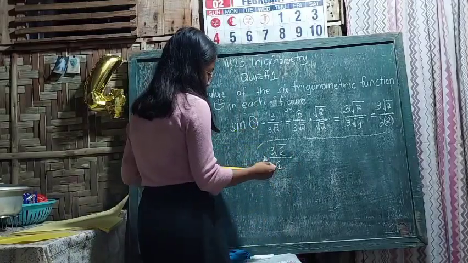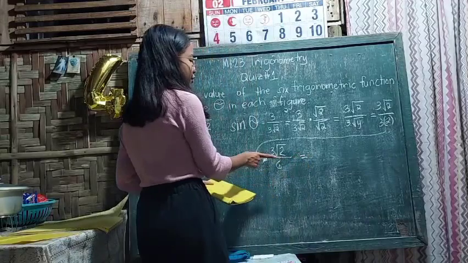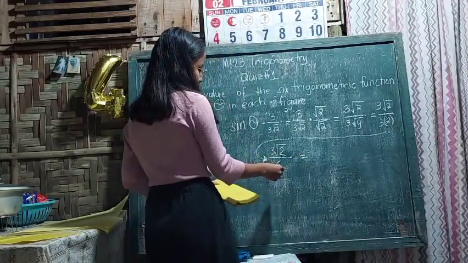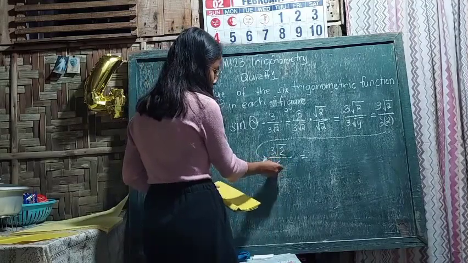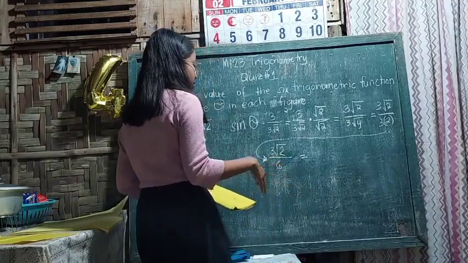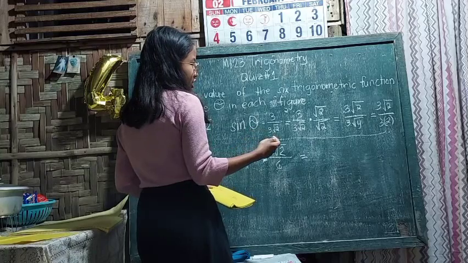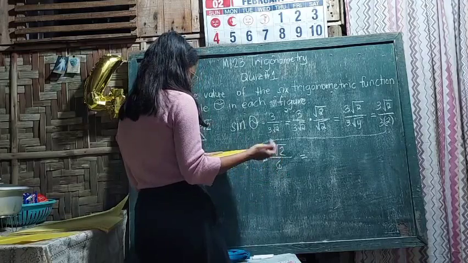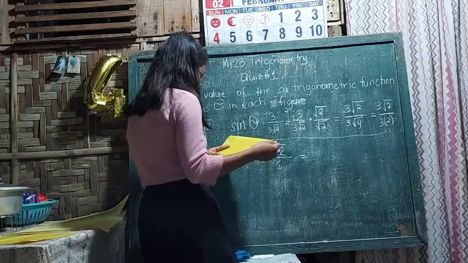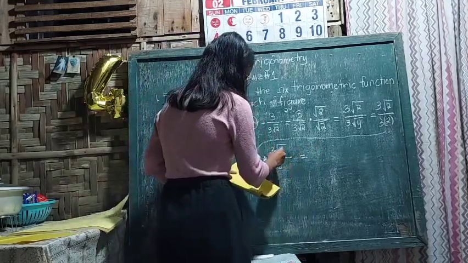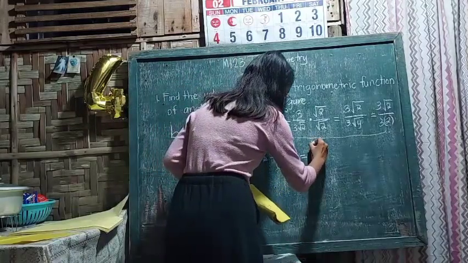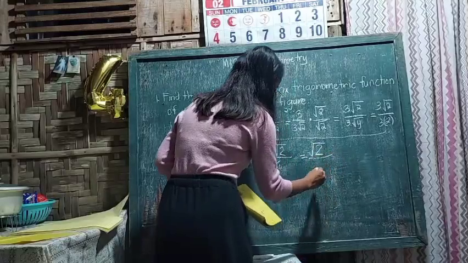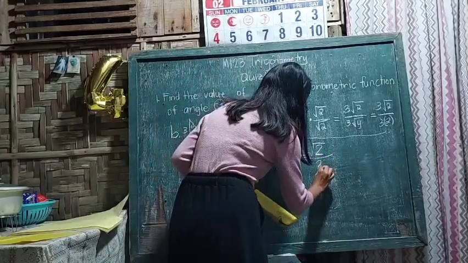And we are going to simplify this now. So 3 over 6, 3 and 6 have a common multiple, so it is going to become square root of 2 over 2.